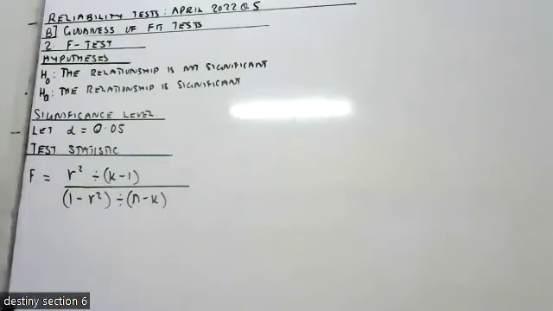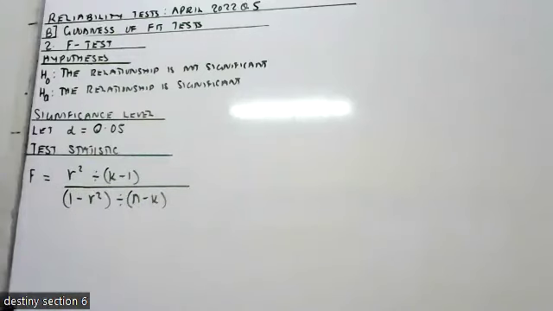F calculated is what you get when you substitute. R squared, we have just found, is 0.8 or 80%. K is the number of computed parameters, so here it is our values of A and B. They are just two.